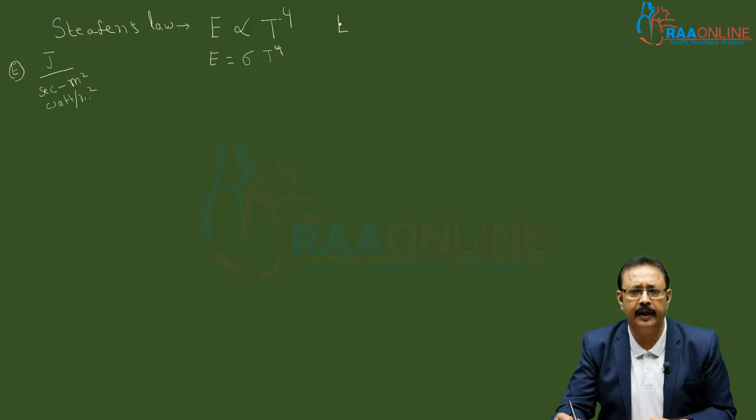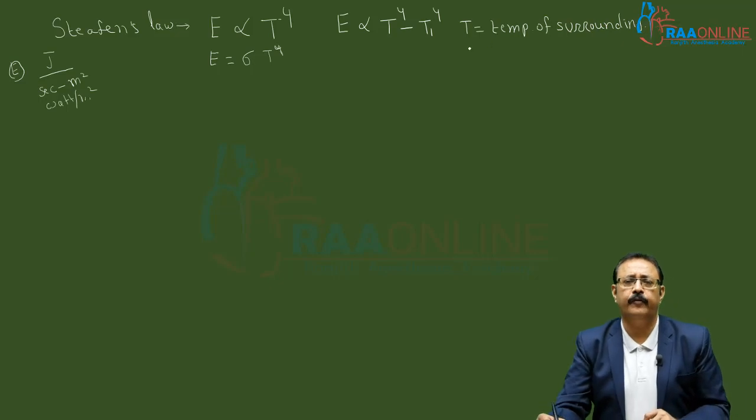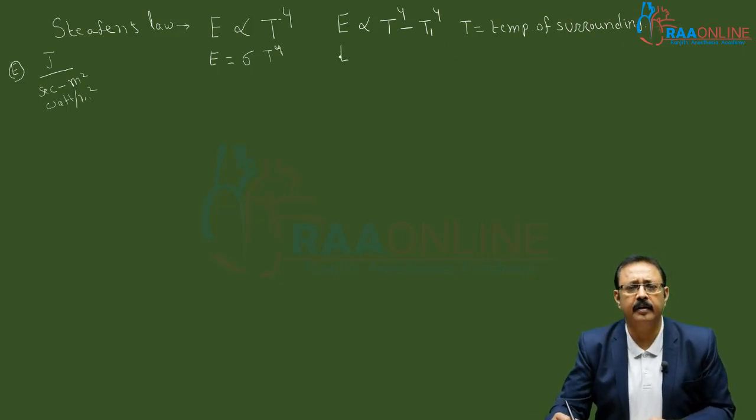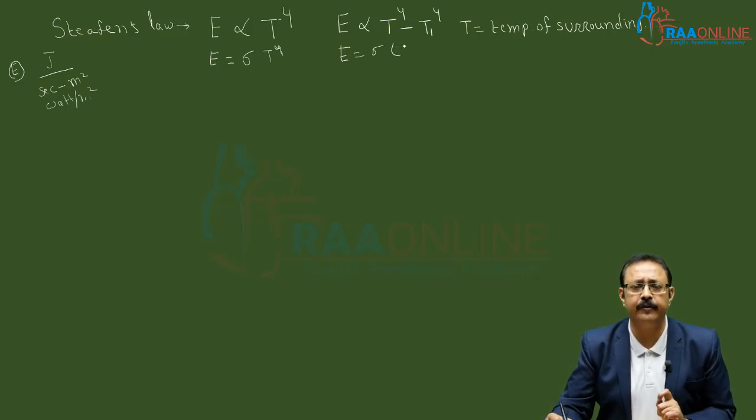So he made the law like this: E should be proportional to T raised to the power 4 minus T1 raised to the power 4, where T1 is the temperature of the surroundings. The constant is the same, so we can also call this constant the Stefan-Boltzmann constant, and this law is known as the Stefan-Boltzmann law.